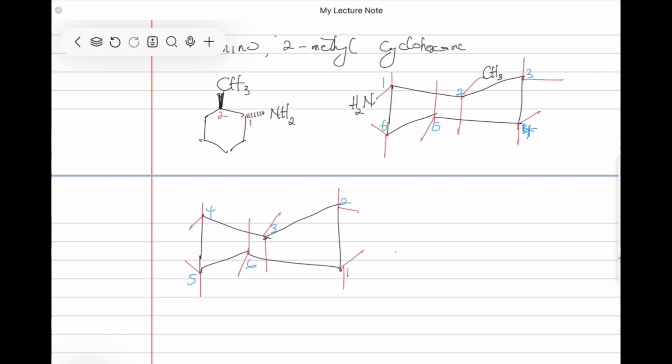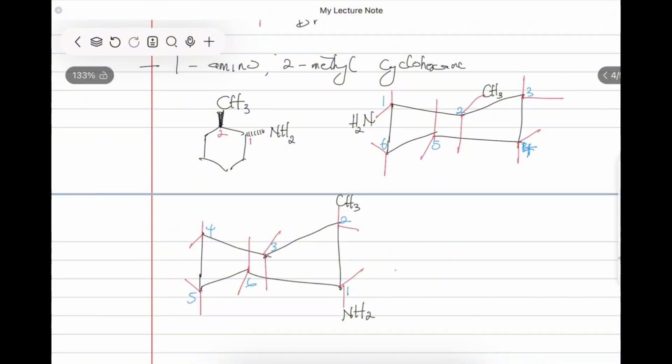So placing the substituents, the amino group is in position 1 and it is down, so I can have my amino group here. This is NH2. And the methyl group is in position 2 and it is up, so I can have it in this position. This is CH3. So these are the ways you can represent molecules or compounds in a chair conformation.